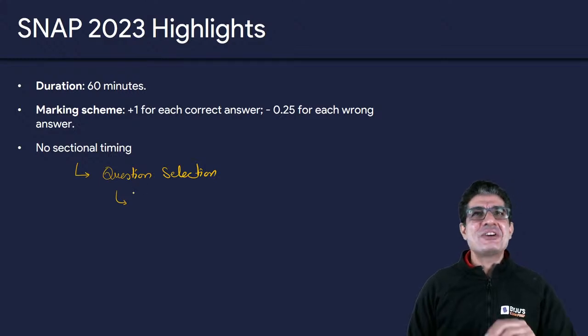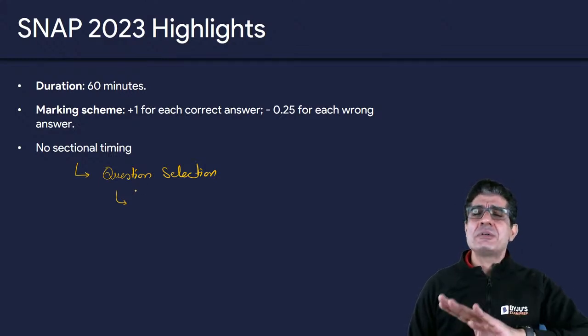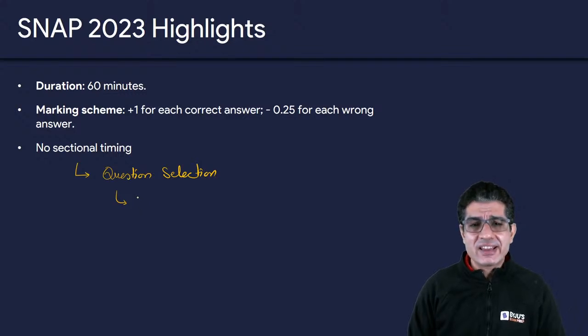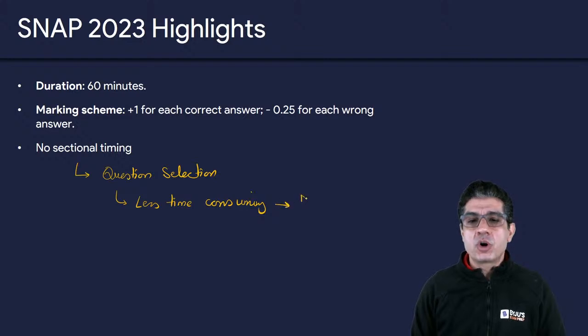And considering that the overall difficulty level of the exam is on the lower side, can I say that you should start with less time consuming questions and then move on towards questions that are more time consuming?